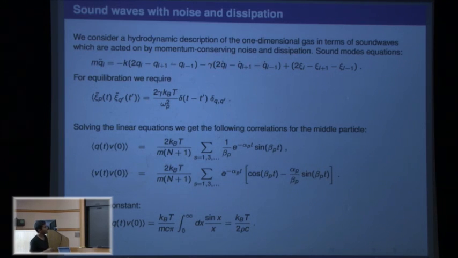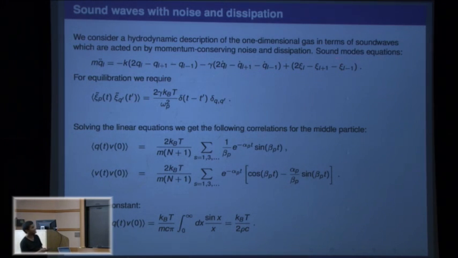It adds some dissipation and noise into the system, and otherwise it looks like a linear chain. Then I add this dissipation and noise in a way that conserves total momentum. So this is momentum conserving noise, and both dissipation and noise conserve the total momentum.